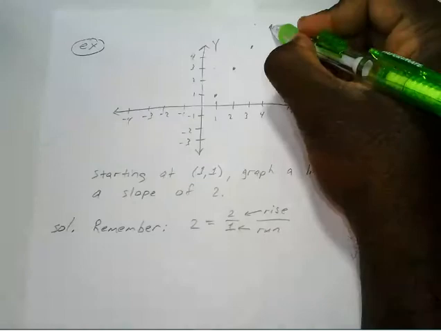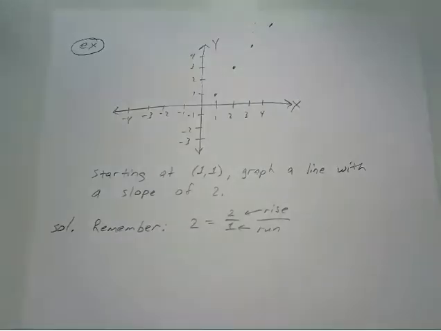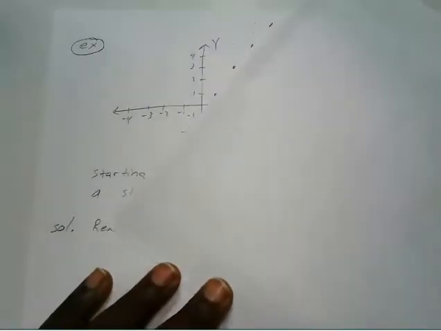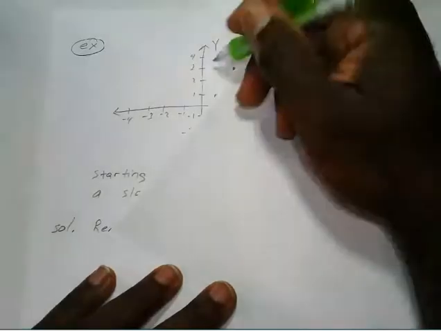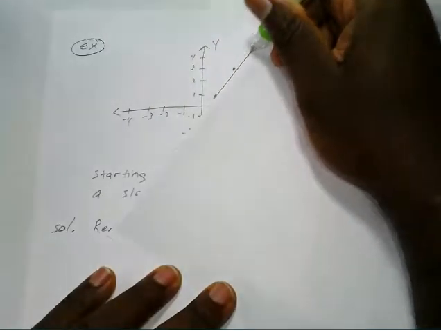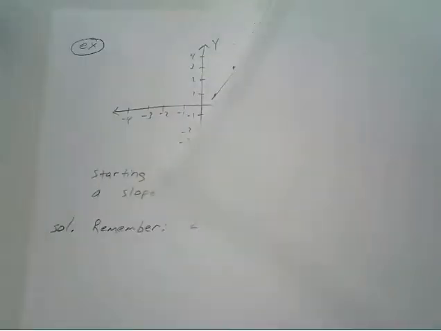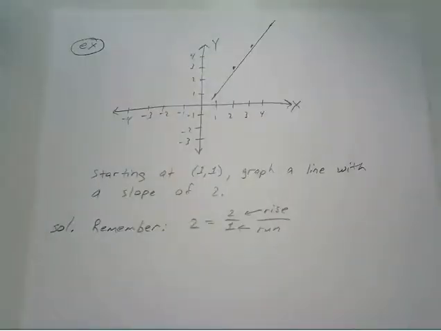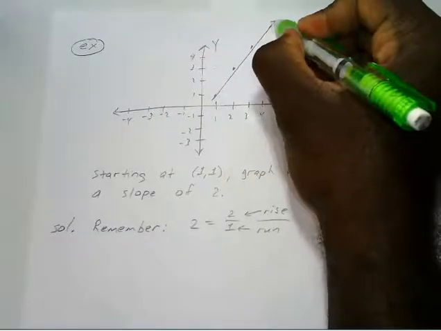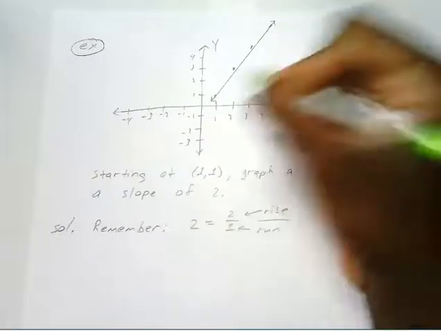So once you get all of your points, you just grab a flat edge, or most of you will be using the online homework. And that's your line right there. Of course, I'm doing it by hand, so it's not as even as it should be.